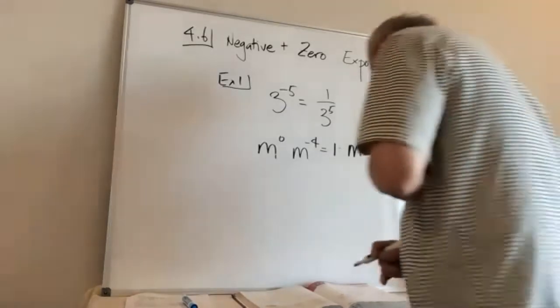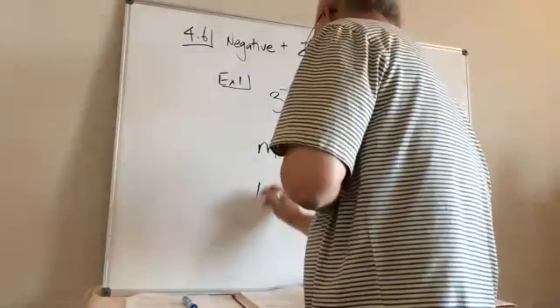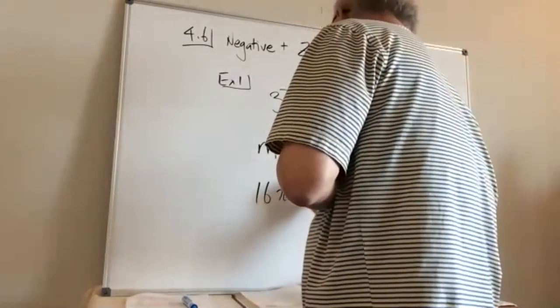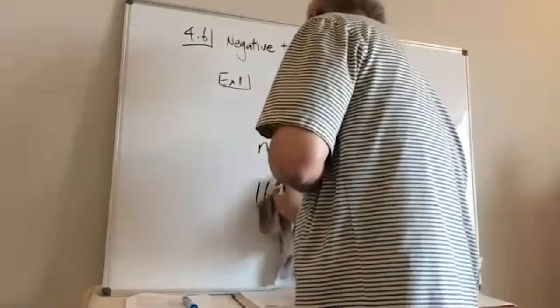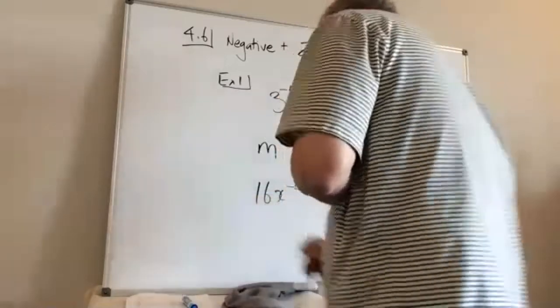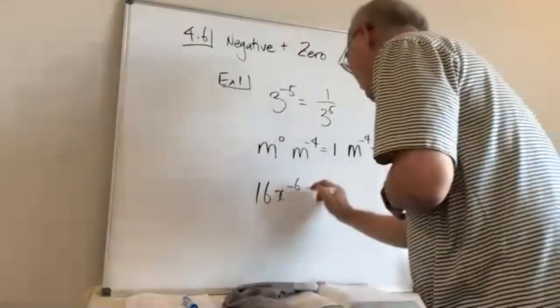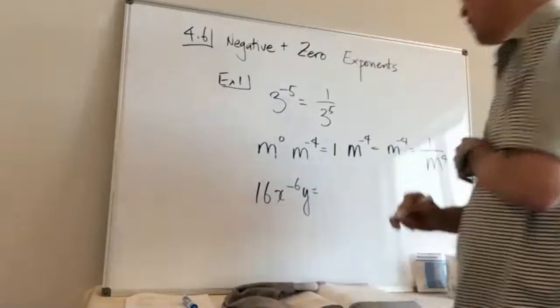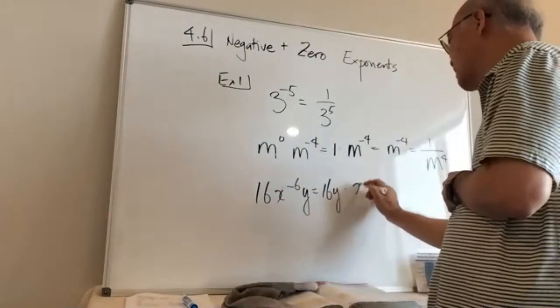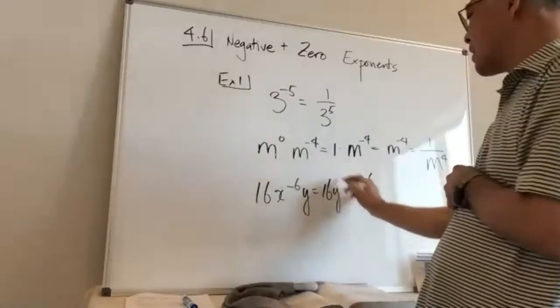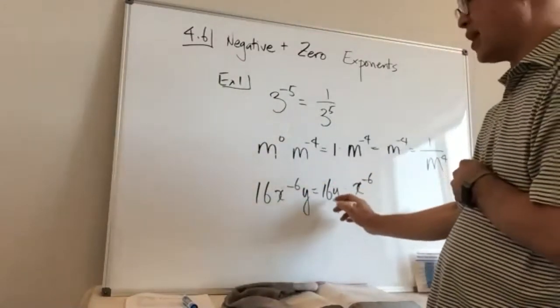And then we're going to have 16x to the negative 6th times y. This is basically the same as 16y times x to the negative 6. So this guy stays the same. Nothing happens with this.